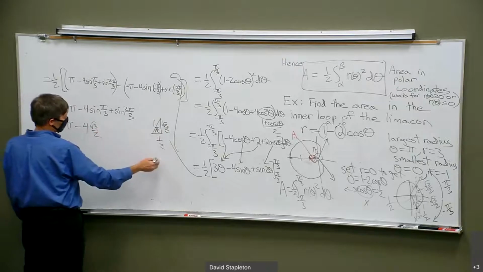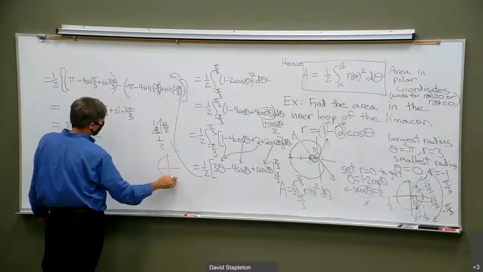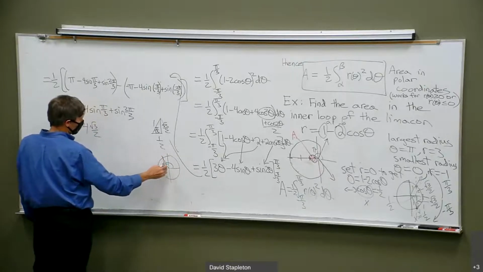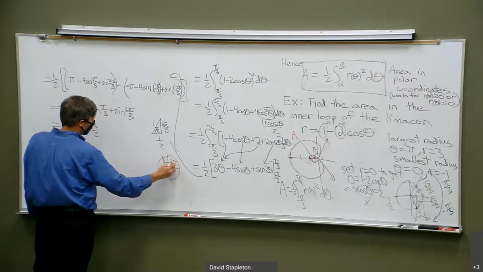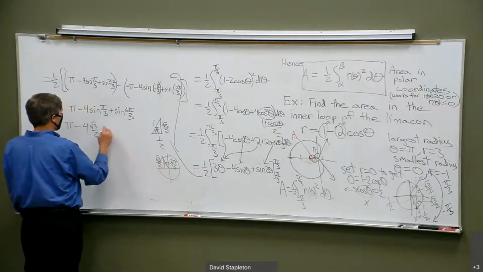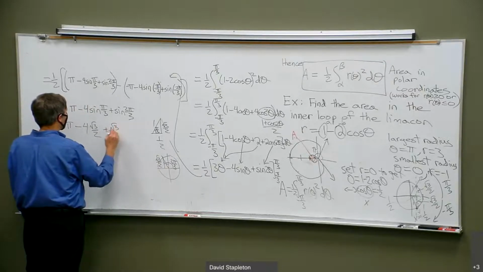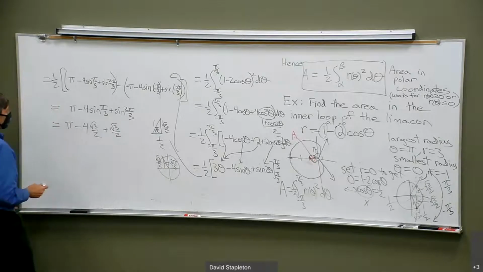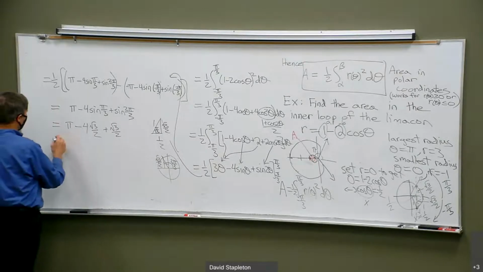Sine of 2 pi over 3, you can remember the circle; you get the same triangle over here, the 30, 60, 90 triangle, so it's square root of 3 over 2. So we get pi minus 3 square root of 3 over 2.